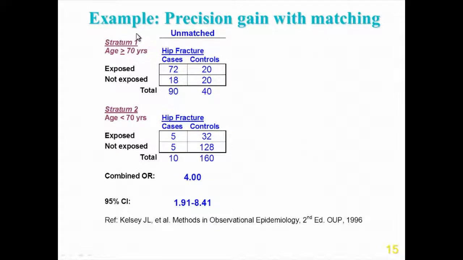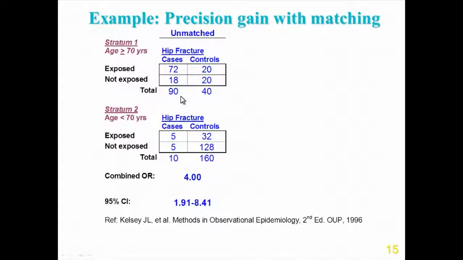Now we stratify our sample in terms of those who are older than 70 and those who are younger than 70. And if we simply select controls without regard to the age distribution, then we might end up with something like this.